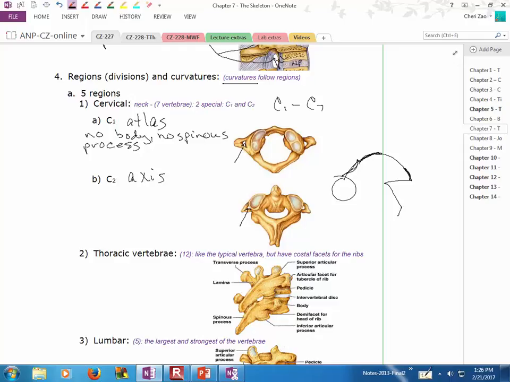These superior articular processes are mounted on lateral masses, and they articulate with the occipital condyles.